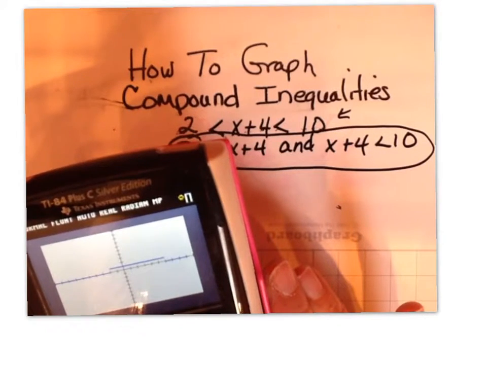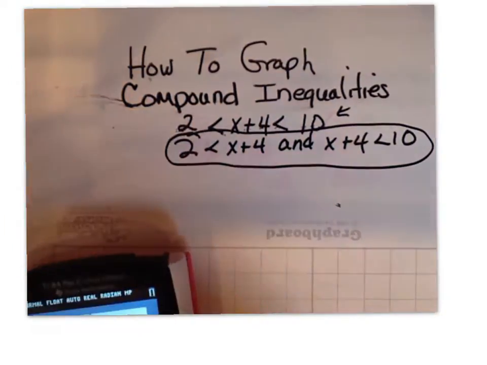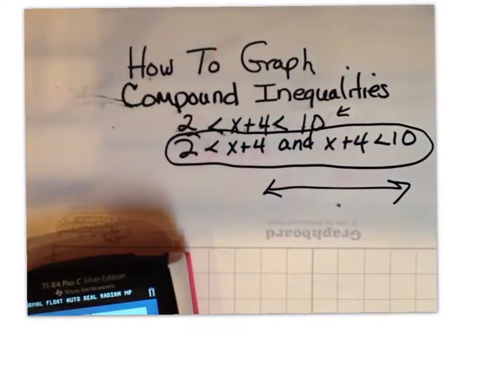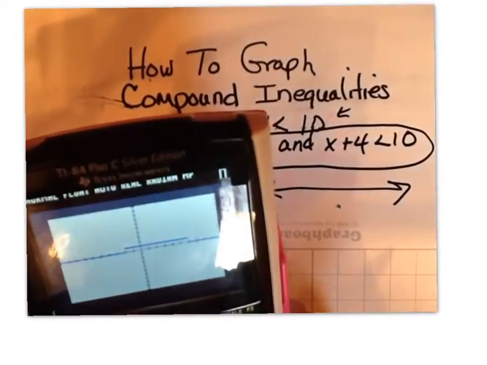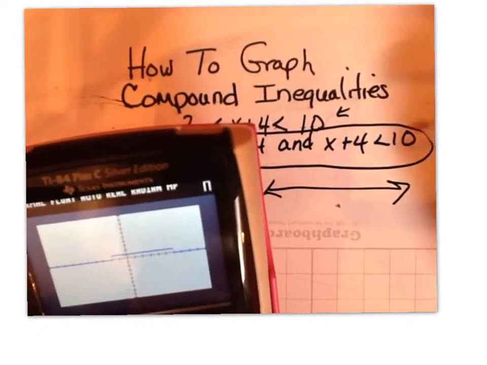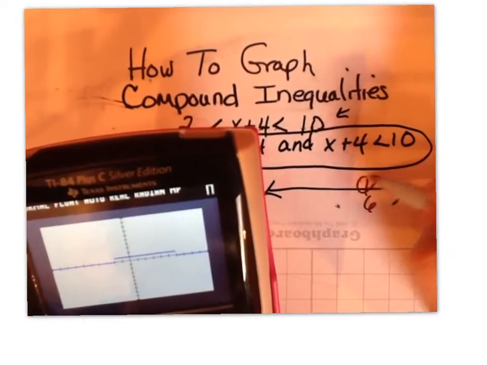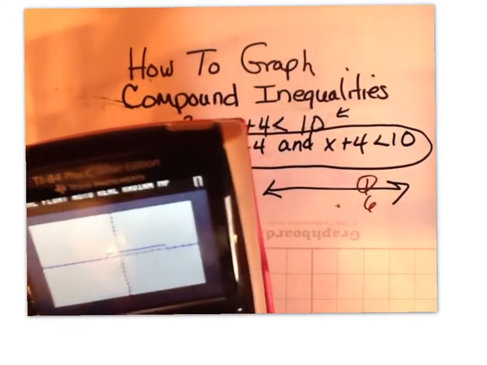So remember, you can just count over your tick marks there if you need to. So here is my number line. And based on what's on the calculator screen here, it is over at 6. And because there's no line underneath it, I have to know it's an open dot there.